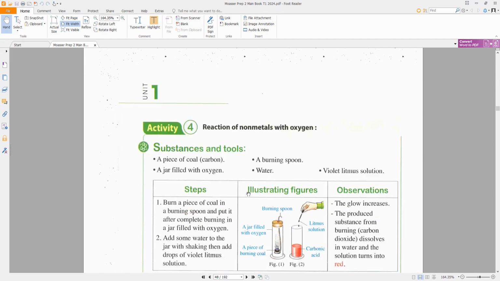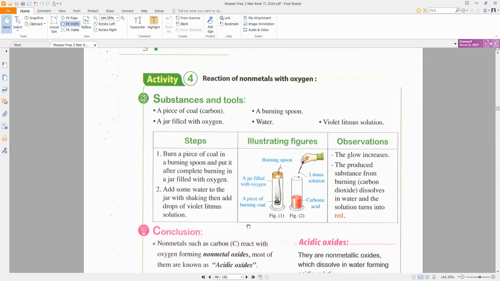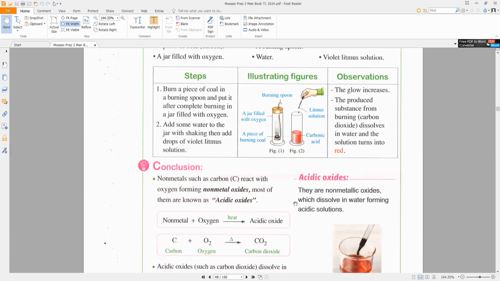What about reaction with oxygen? The non-metal reacts with oxygen like metal, but the difference is when a non-metal like carbon is burned and put in a jar, it reacts with the oxygen around it, forming a non-metallic oxide. When a non-metal like carbon reacts with oxygen, it forms a non-metal oxide, and we call it an acidic oxide, not a basic one.